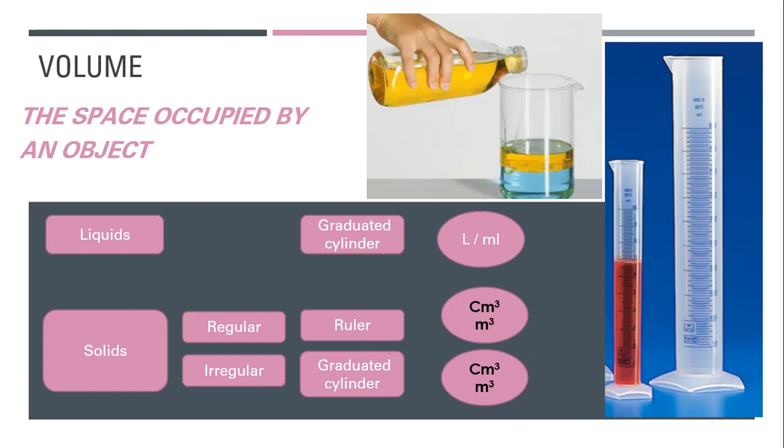If it's a big volume, it's meter cube. I have already explained why we mention the 3 or the cube, because it's 3 dimensions. The volume is a 3-dimensional property. For example, for a book, volume is length by width by height. So we multiply 3 dimensions. That's why we use the centimeter cube.